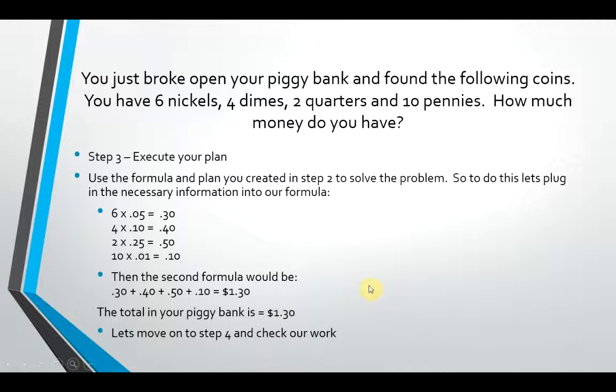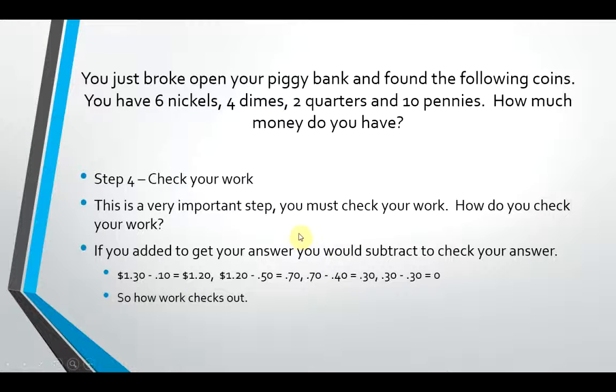Now that we have our answer, let's move on to step 4, and we're going to check our work. If you added to get your answer, then we would subtract to check our answer. So we're going to take the total amount of money and slowly subtract away all the individual amounts, and our answer at the very end should be 0. Our total was $1.30.